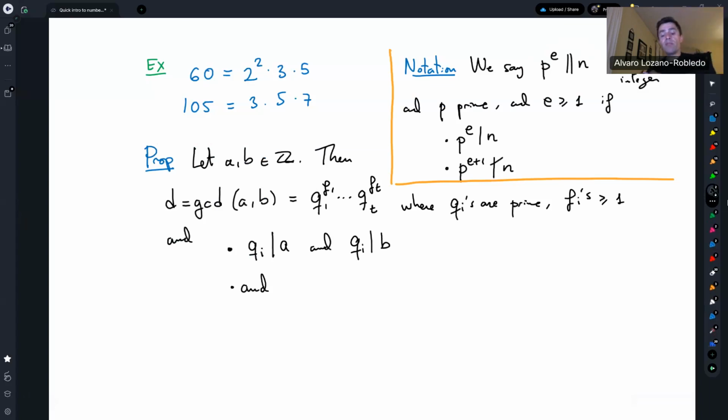So the primes that divide the GCD are those primes that divide both, and they are raised to the largest power that divides both.